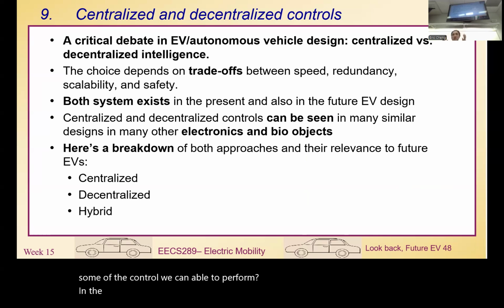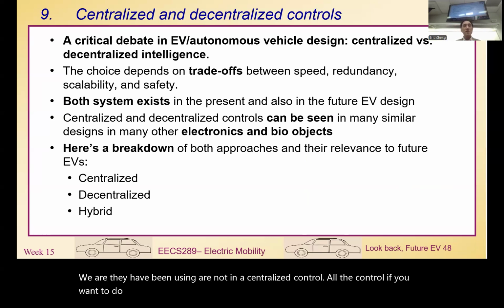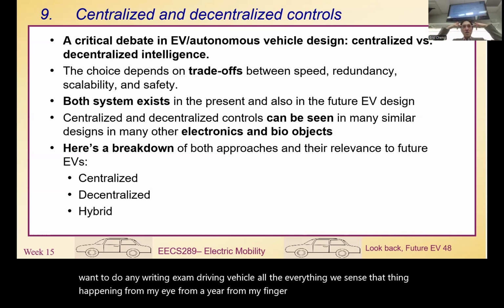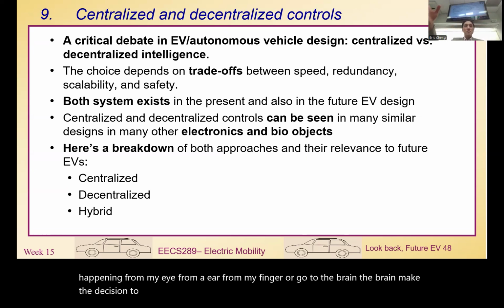Just like the human being, we use a lot of centralized control. If you want to do any writing, exam, or driving a vehicle, we sense what is happening from the eye, the ear, the finger, and it all goes to the brain. The brain makes the decision on what next, how you control the vehicle.